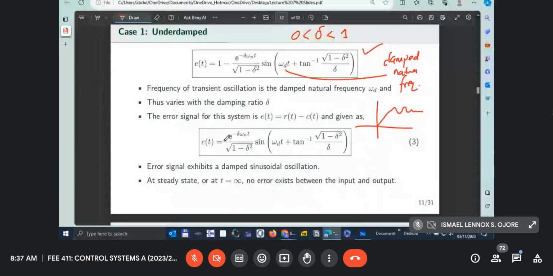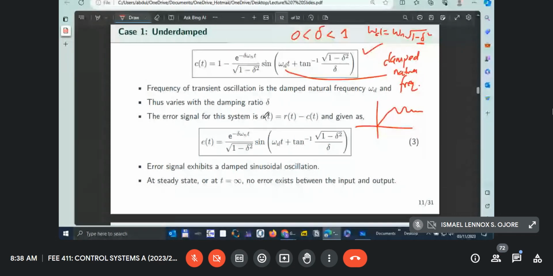The frequency of oscillation is the damped natural frequency, so obviously this varies with the damping ratio, because omega d is given by that.